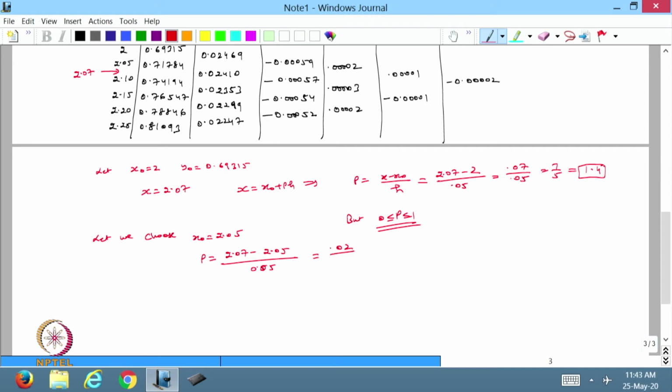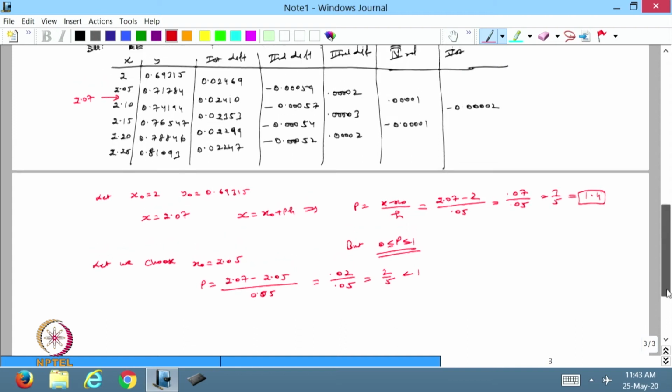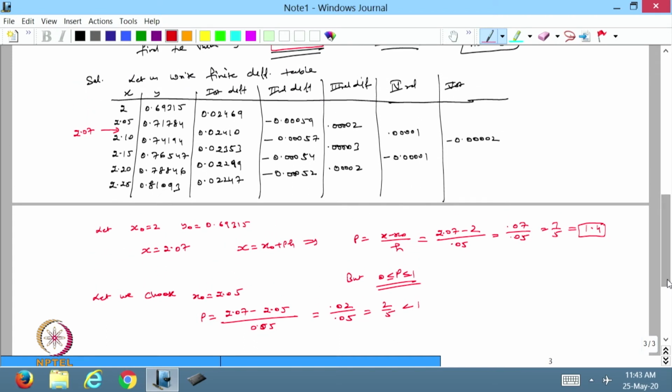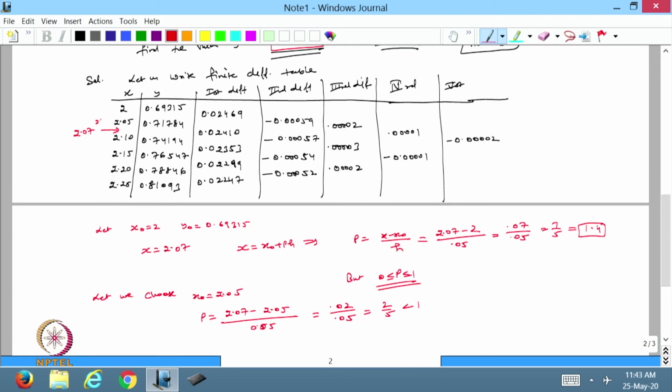It is 0.02 divided by 0.05. So, it is 2 by 5. So, that value is less than 1. So, in this case I can write this as x naught, x1, x2, x3, x4, and this one as x minus 1.